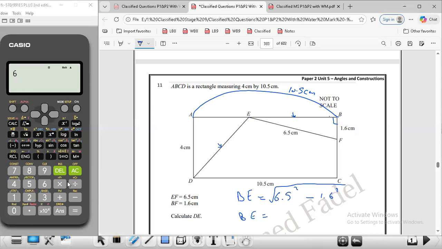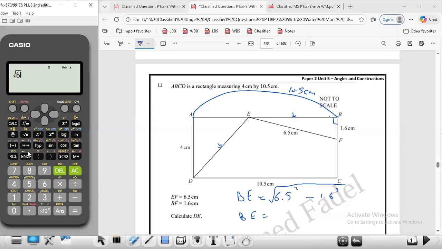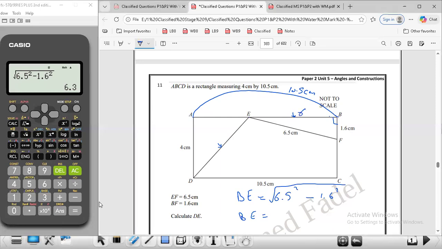BE equals square root of 6.5 squared minus 1.6 squared equals 6.3. So this is exactly 6.3 centimeters. Knowing that all of this is 10.5, part of it is 6.3. So what is the rest? 10.5 minus 6.3 is going to give you exactly 4.2 centimeters.